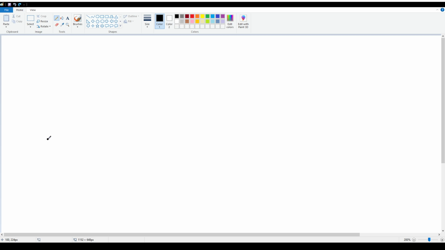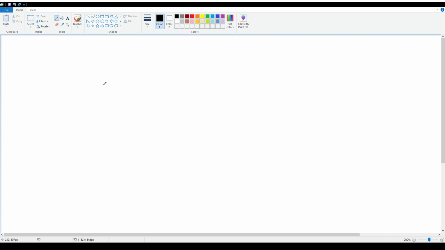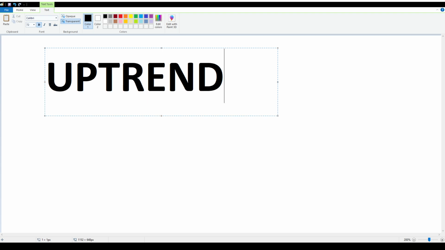If you look at the price, like I said, all it does is go up, go down, go up, go down. That's what it does all day, every day, right? So if we look at these movements and we try to understand them, there's three distinct movements that you will see.